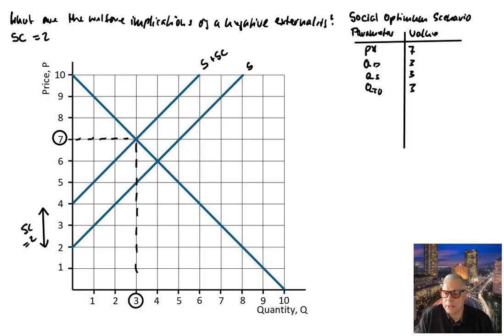And the consumer surplus is now this triangle here. So let's make that again in green. So the consumer surplus is everything below the demand function and above the price.